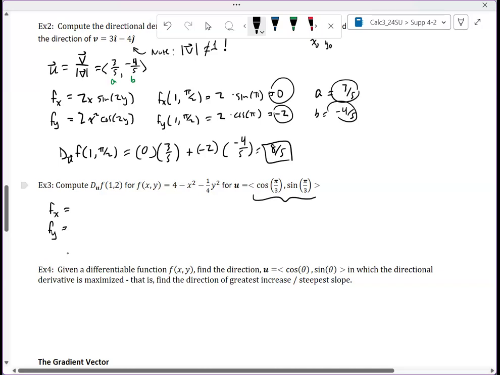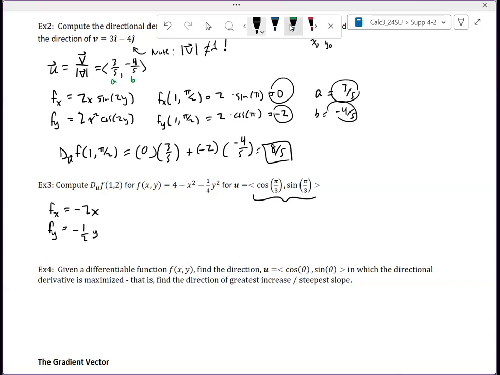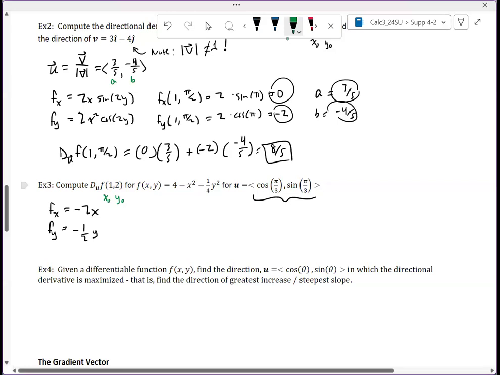Partial f with respect to x is going to be negative 2x. And with respect to y is going to be negative 1/2 y. And again, I'll just make a quick note that x naught and y naught are 1 and 2. A and b are these cos and sine numbers over here.